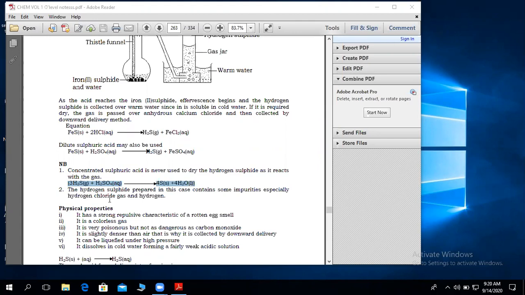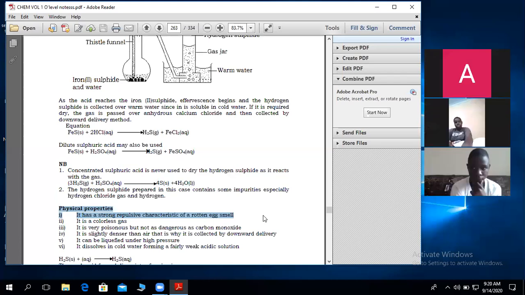Yes. The hydrogen sulfide prepared in this case contains impurities, especially hydrogen chloride and hydrogen. Physical properties. This is very important. We usually ask it in objectives. Hydrogen sulfide gas has a very bad smell.